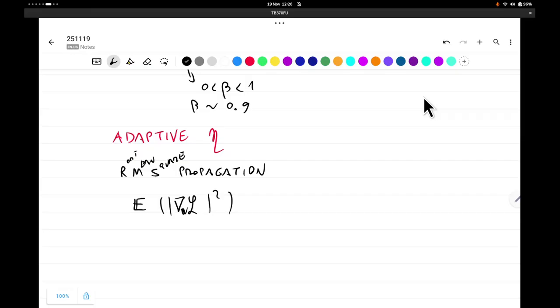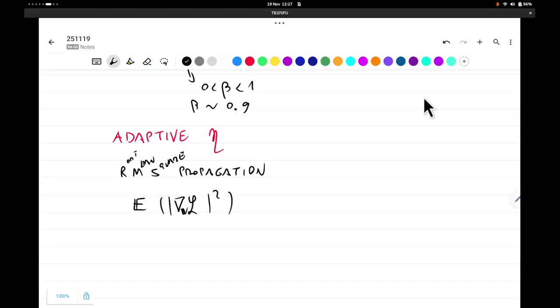This would be a scalar. The gradient modulus square would be the square displacement, the square cumulative gradient, and then we evaluate the average, the mean value, and we use this in order to correct eta in this way.